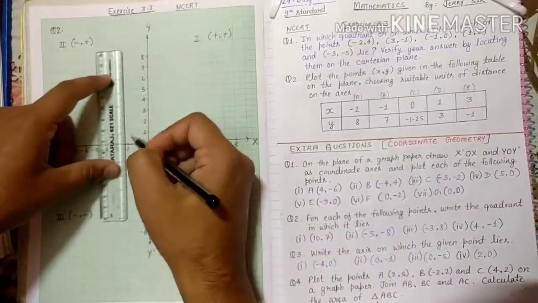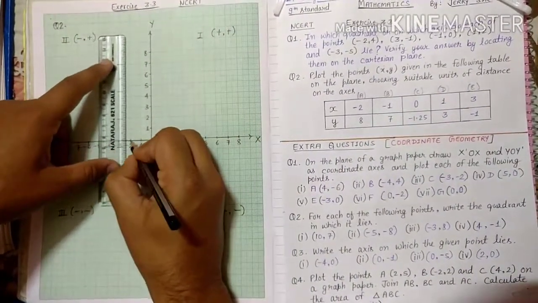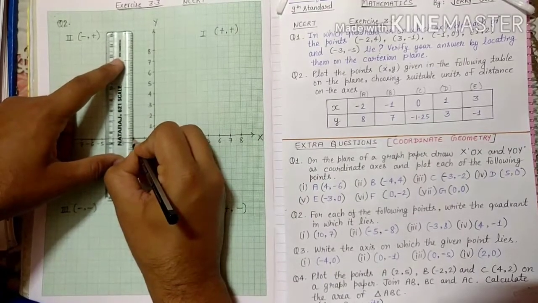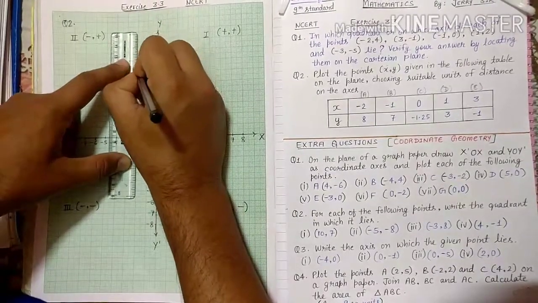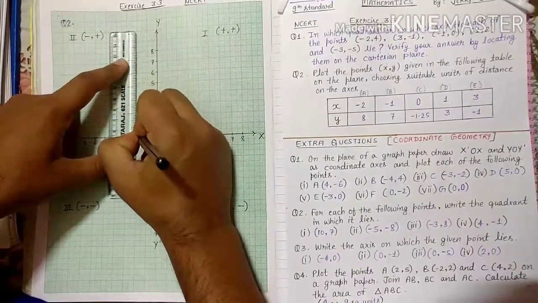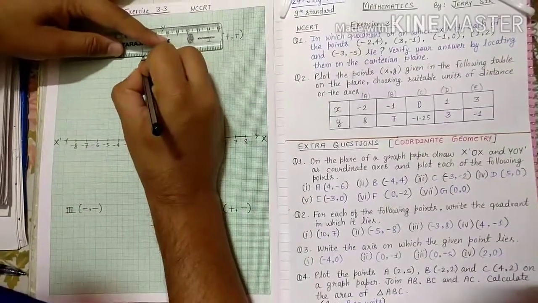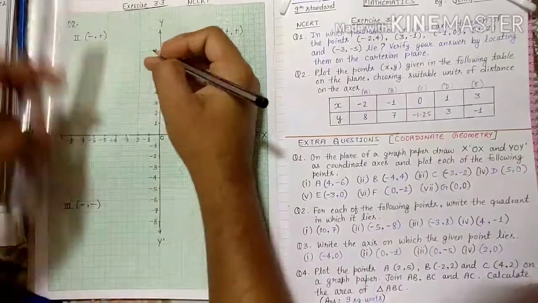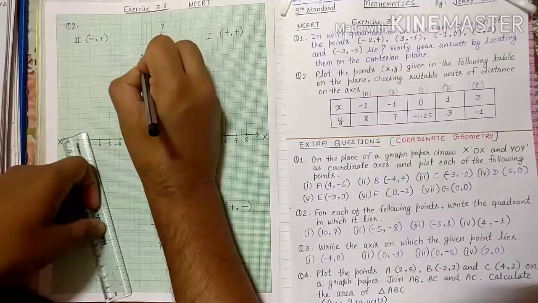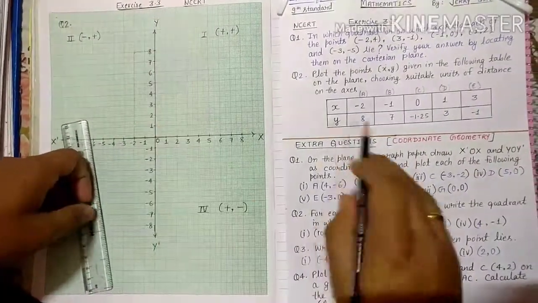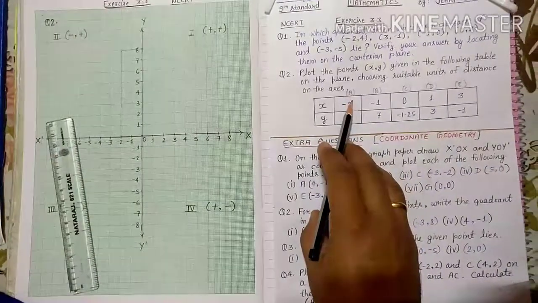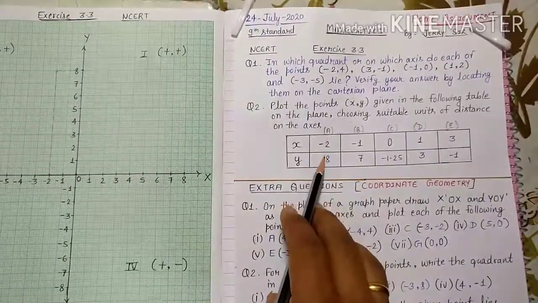We take perpendicular distances from minus 2 and from 8 with the help of a scale, drawing dotted lines. These two lines meet at this point. This is point A: (-2, 8), part A.